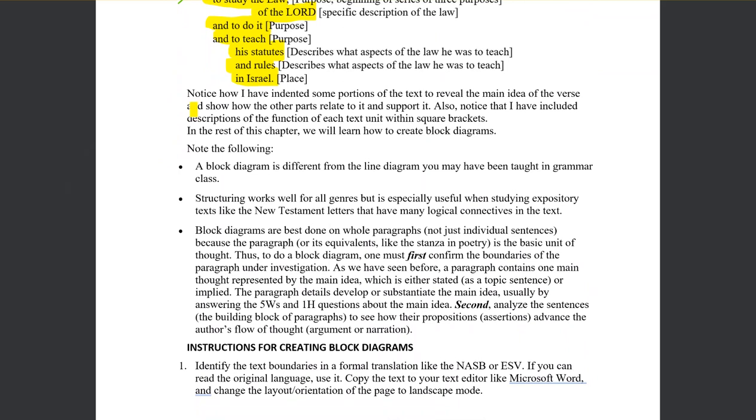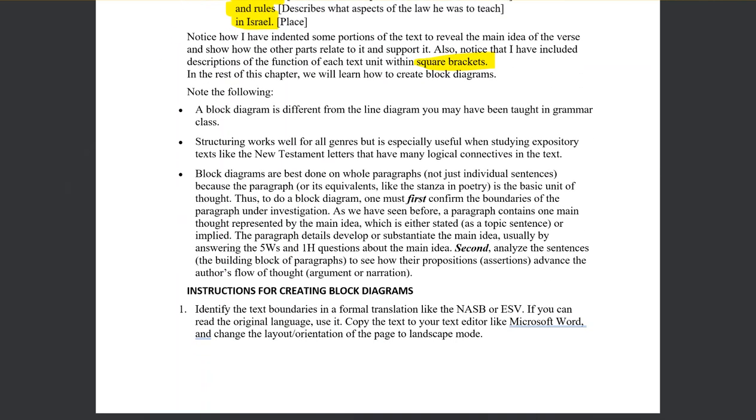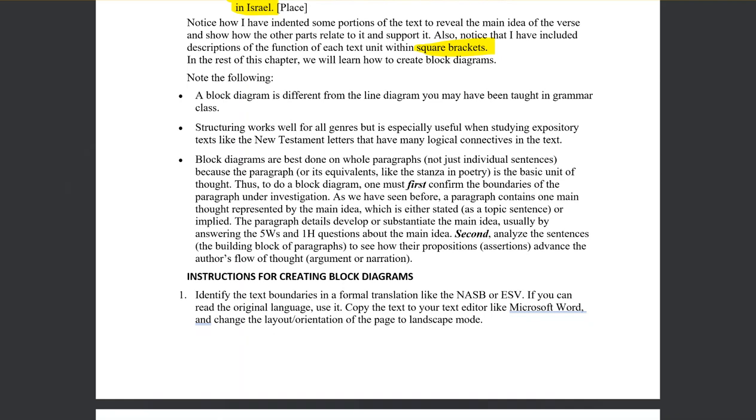Notice that I have indented some portions of the text to reveal the main idea of the verse and show how other parts relate to it and support it. Also, notice that I have included descriptions of the function of each text within square brackets, and we're going to look at that a little bit more as we do examples.